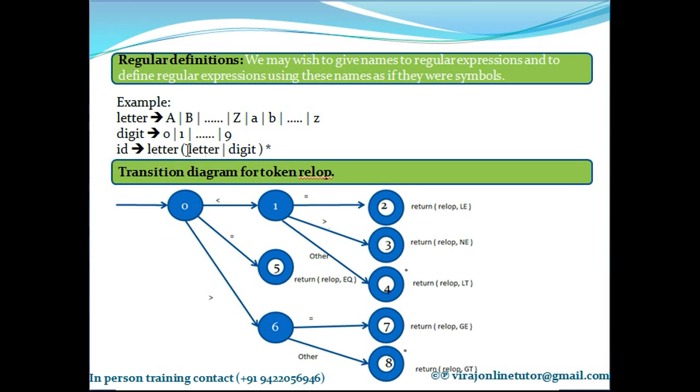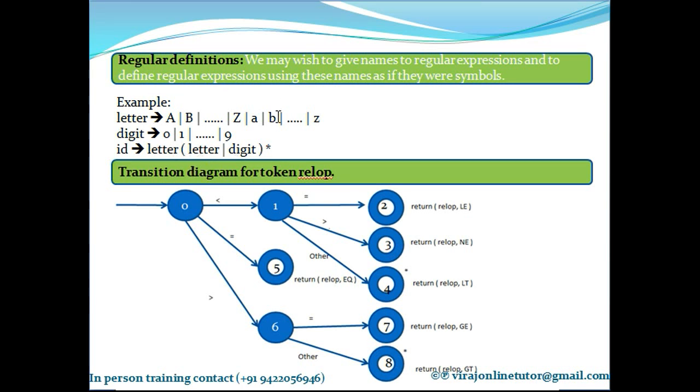If you notice carefully in this regular expression, I am using the names which I have given to regular expressions. Letter is a name given to one regular expression, digit is a name given to another. So a regular definition is: we can give names to regular expressions and define regular expressions using these names as if those were symbols.